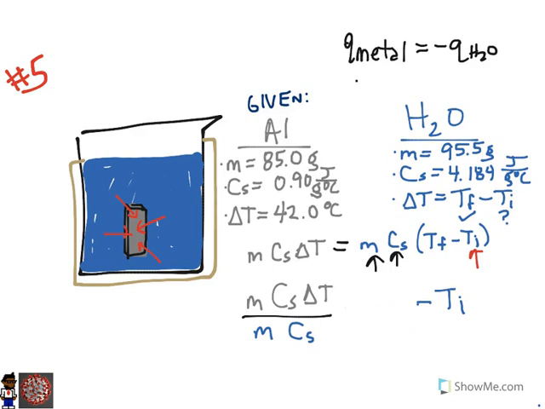Throw that final temperature to the other side. So it's like saying minus the final temperature is equal to. But if we compute this, this is going to come out to a negative value. Well, that's going to be equal to negative initial temperature. So it's pretty straightforward. Just flip the sign.